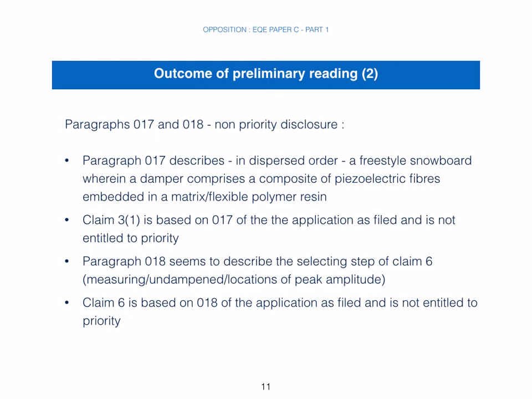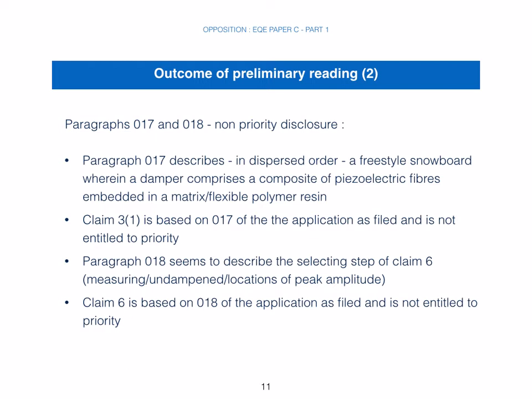Paragraph 18, when we get to it, seems to describe the selecting step of claim 6, which is measuring undampened and locations of peak amplitude, and we can deduce at this stage that claim 6 is based on paragraph 18 of the application as filed, and as this paragraph was not entitled to priority, claim 6 also is not entitled to priority.